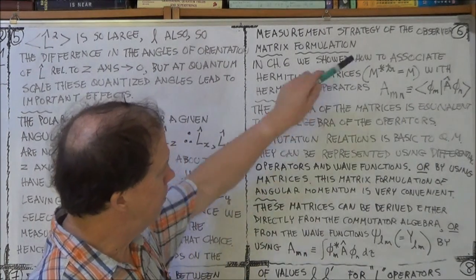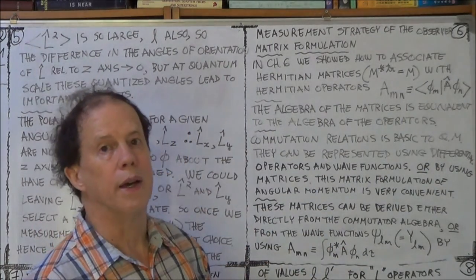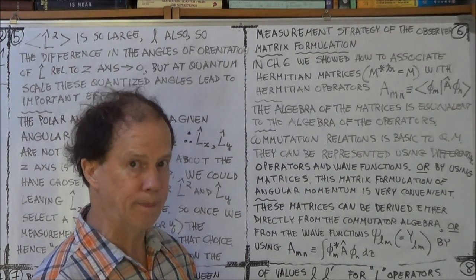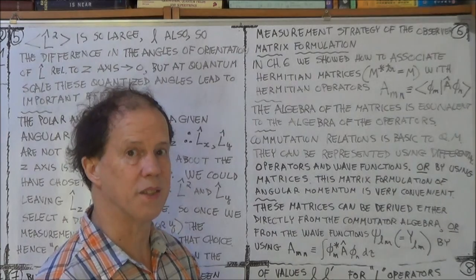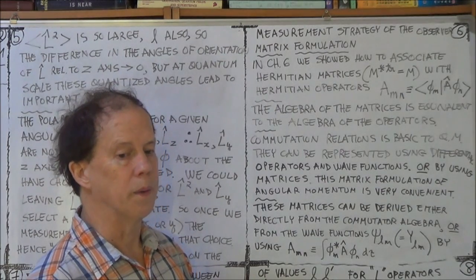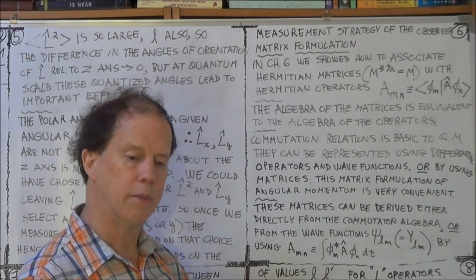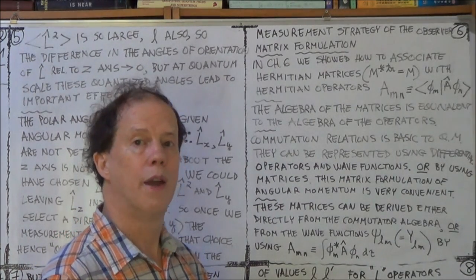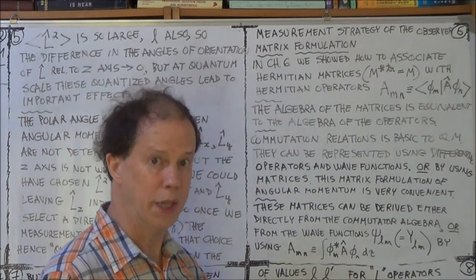So now we start talking about matrices. Now, in the previous lecture, chapter 6, we said there's a very close link between Hermitian operators and Hermitian matrices.